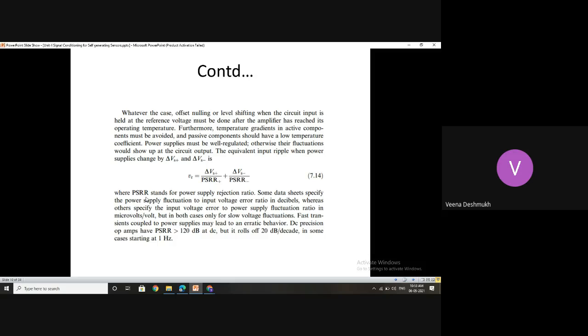So that your data sheet is available for different ranges whenever you want to apply the correction. In the data sheet, the different ranges of power supply, the voltage variations and the frequencies are mentioned, and accordingly what correction has to be applied to the output voltage, that is also mentioned.